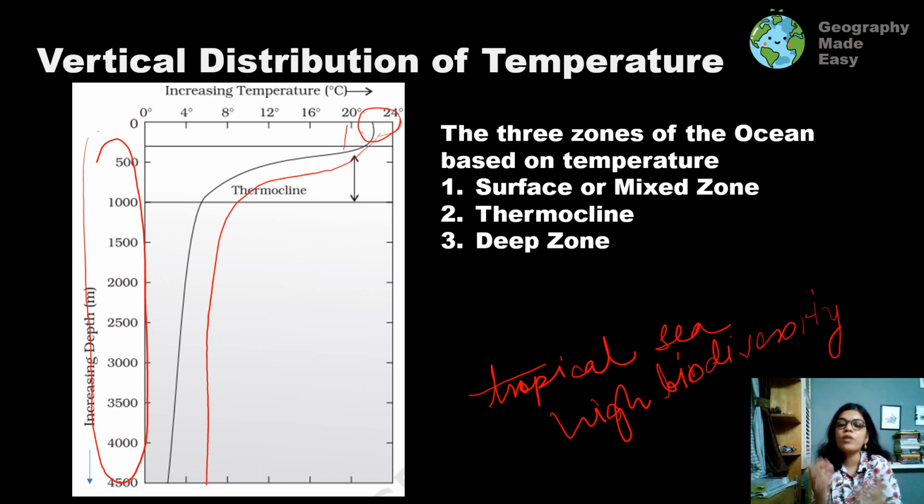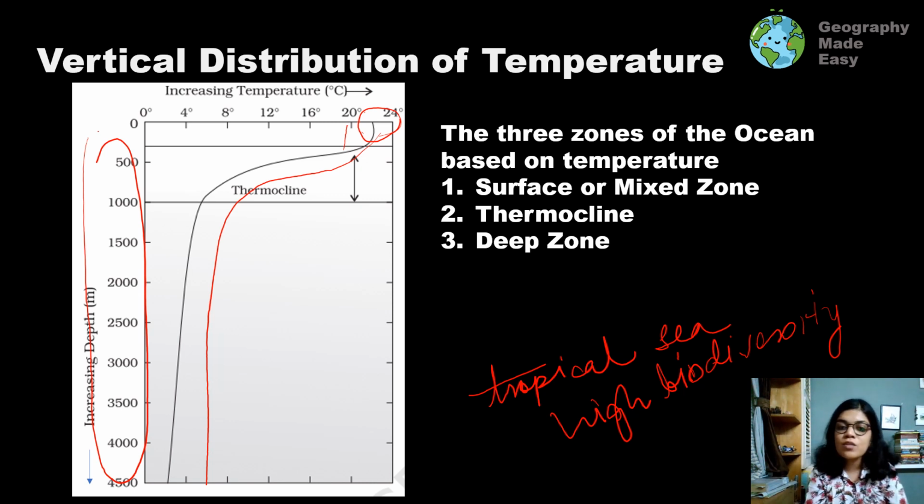More flora and fauna can live in warmer seas. Coral reefs and all the things which we have seen on television as kids, and which we can now see in National Geographic documentaries, are showing the surface or mixed zones, because coral reefs are seen in shallow seas. We will not see them in the deep sea.